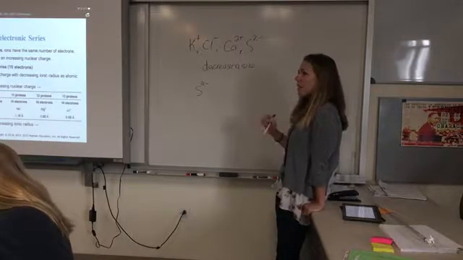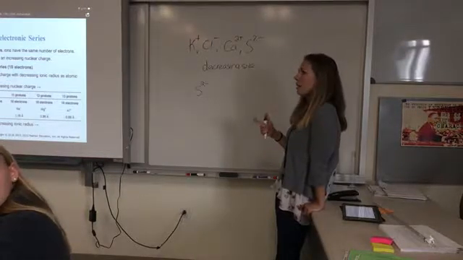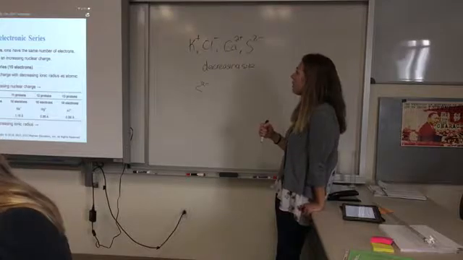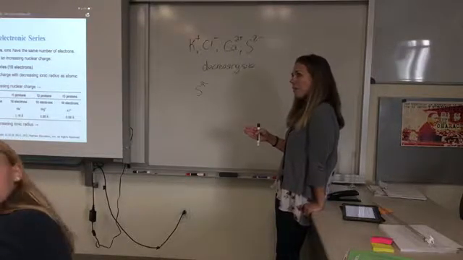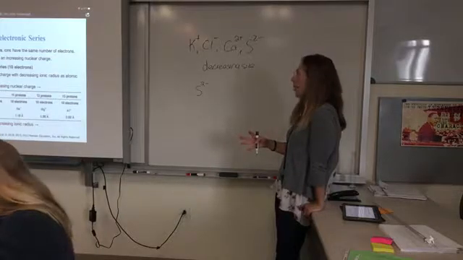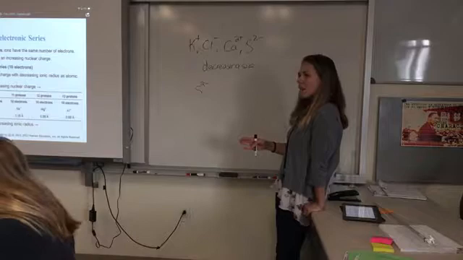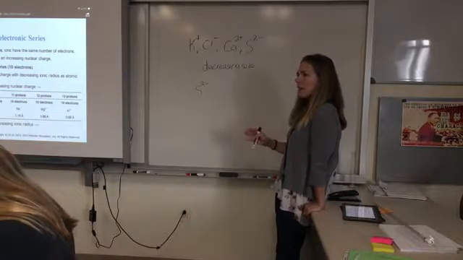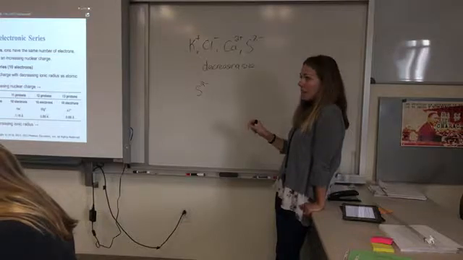How many does S2 minus have? 16. How many does chloride ion have? 17. How many does potassium have? 19. How many does calcium have? 20. Why is sulfide the biggest? It has the least amount of attraction. It has the least protons.